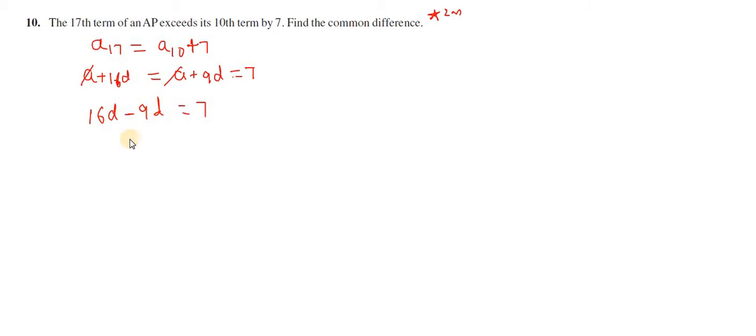What is 16 minus 9? 16 minus 9 is 7, so 7d is equal to 7. Therefore d is equal to 7 by 7, so d is equal to 1. I hope all of you understood. Okay, we'll go for the next problem.